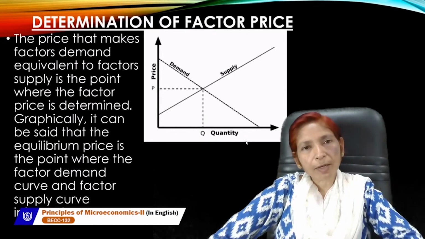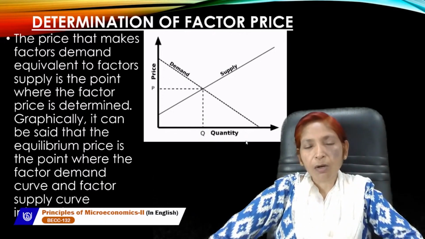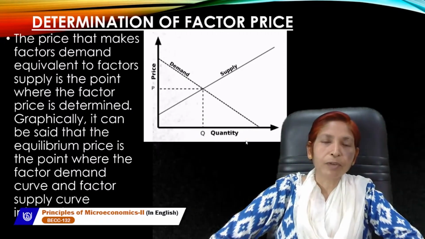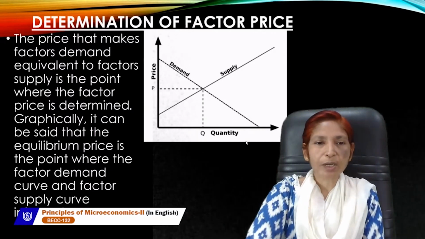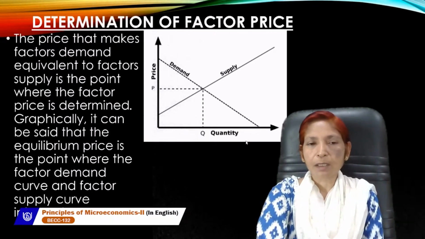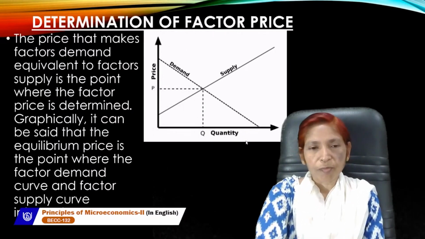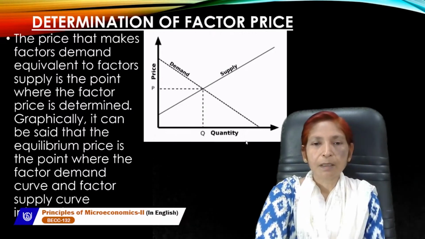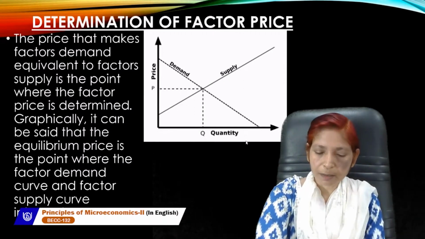And the supply of factors of production is always positively or directly related with the wage rate. As the wage rate or price increases, supply of factors or inputs increases. When the price of factors or the wage rate decreases, supply of factors also decreases.